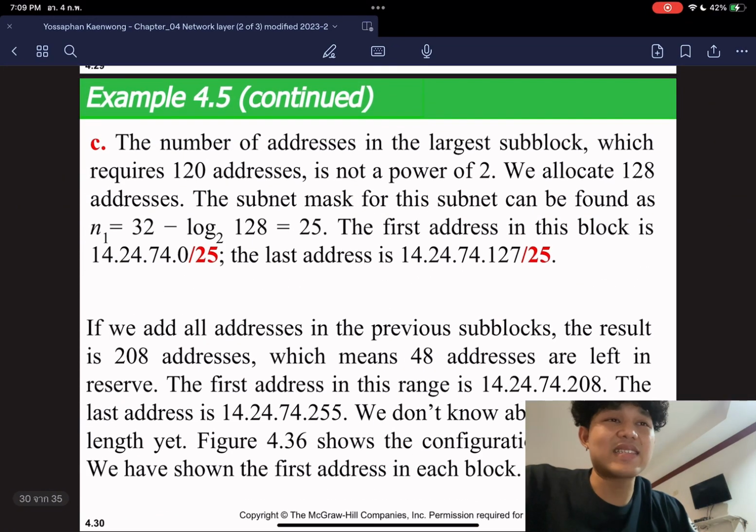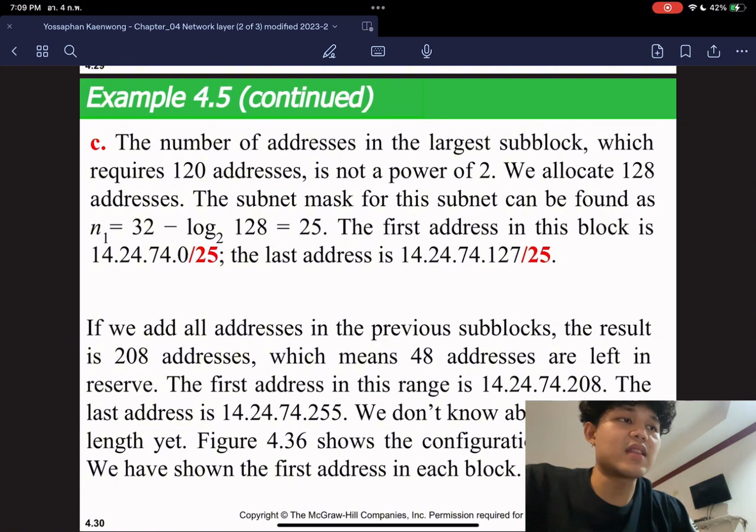Okay, so in example 4.5, the number of addresses in the largest subblock, which requires 170 addresses, is not a power of 2. We allocate 178 addresses. The subnet mask for this subnet can be found as n1 equals 32 minus log base 2 of 178, which is 25.